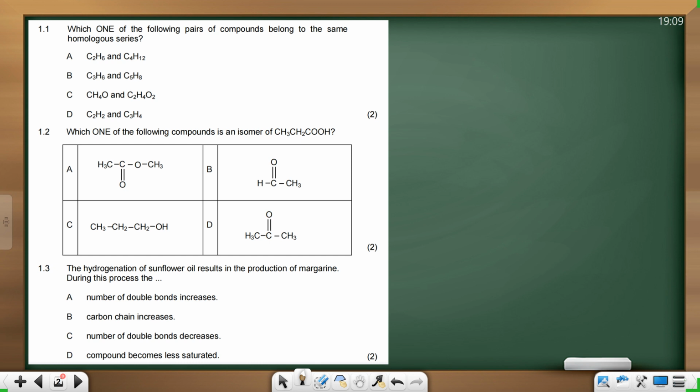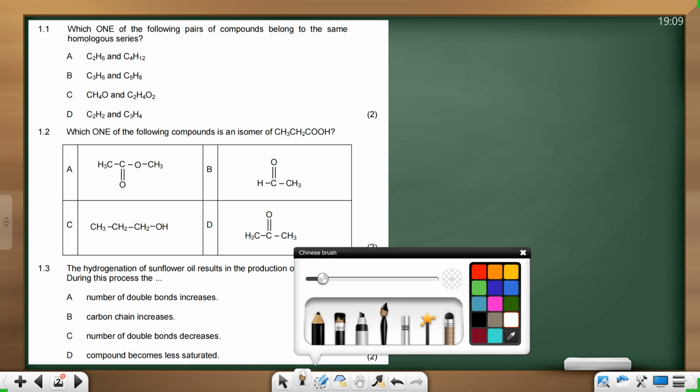I have C2H6 and I have C4H12. Could that be an alkane? 2 times 2 would give me 4, plus 2 would give me 6. 4 times 2 on the other side would give me 8, plus 2 would give me 10. That is not a correct answer.